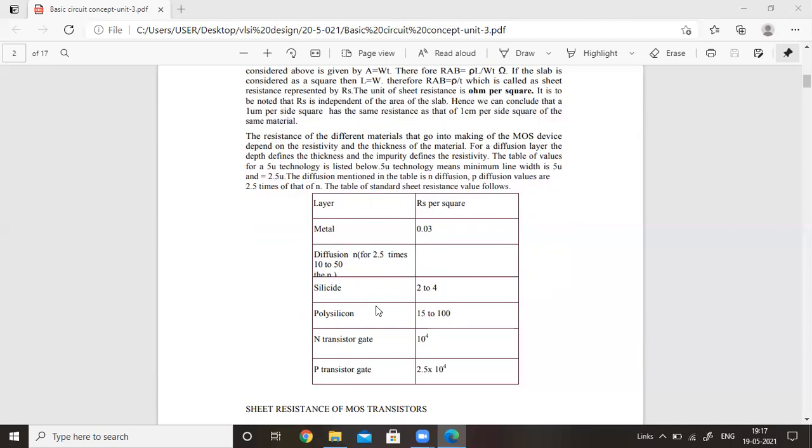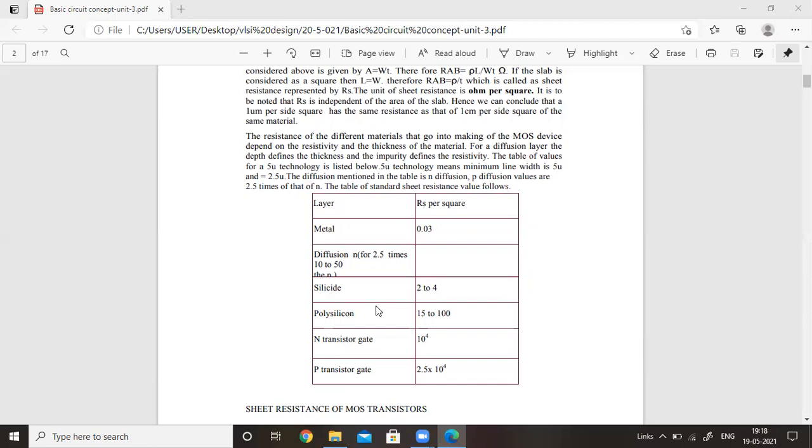Similarly, 2 micrometer indicates a width of 2 micrometer.